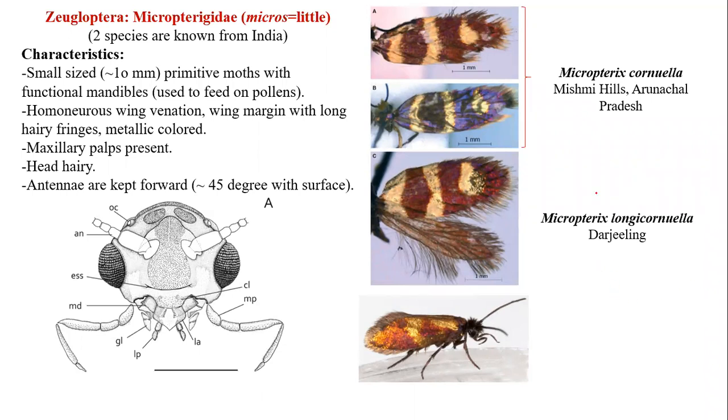One is Micropteryx cornuela, which is known from Mishmi Hills, Arunachal Pradesh. You are seeing here the images of the species, the male and female respectively. And the other one is Micropteryx longicornuela, which is known from Darjeeling. But the interesting fact is that after their description, or after the collection made by British people, we still don't have any observation or any data pertaining to this species, or even to this family, from India.